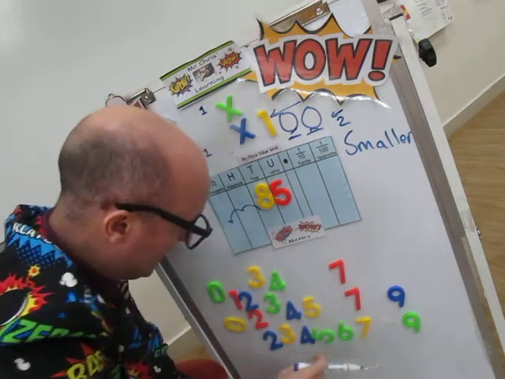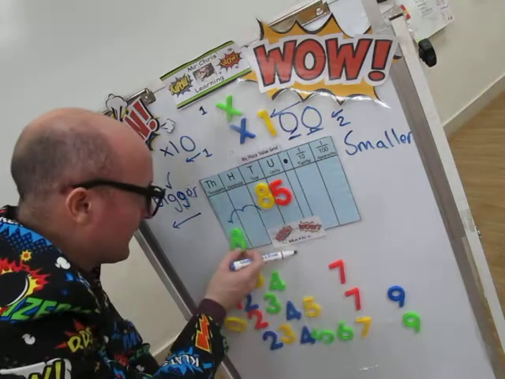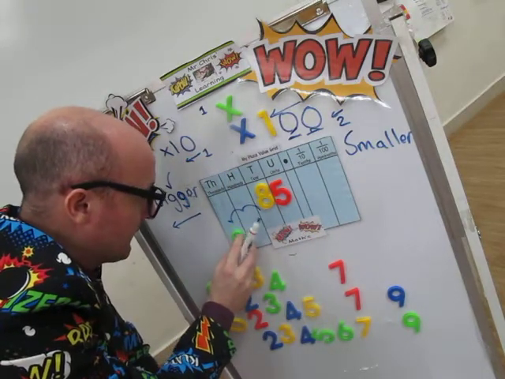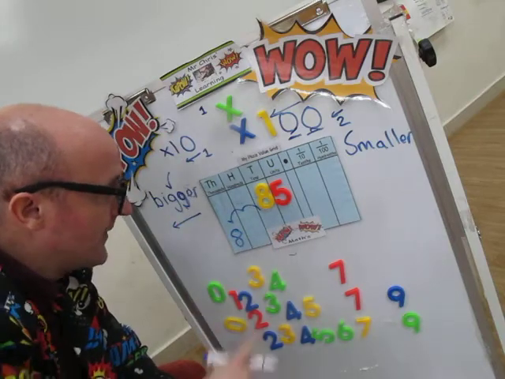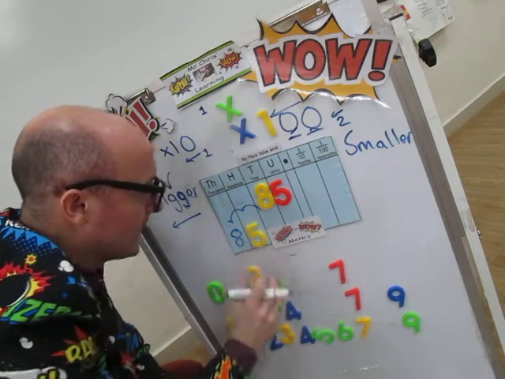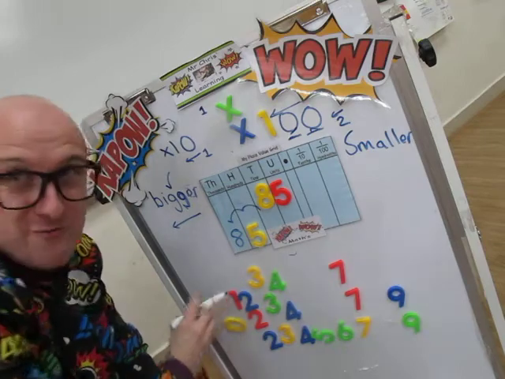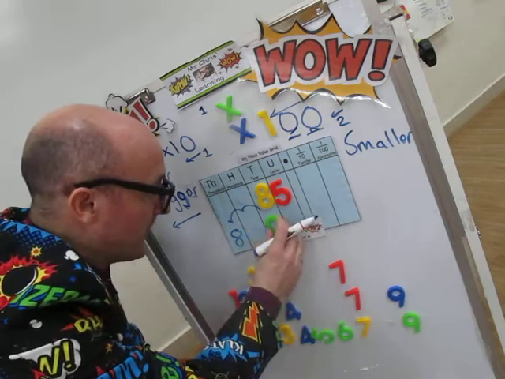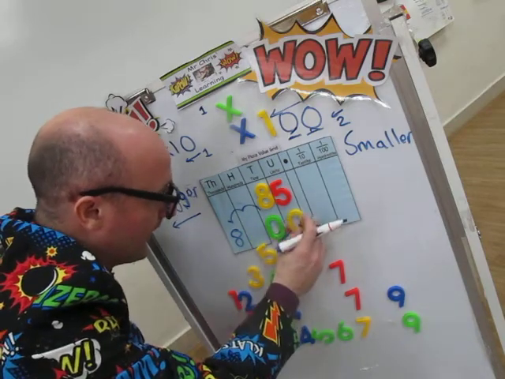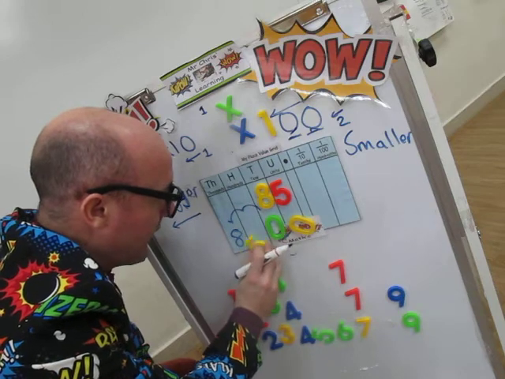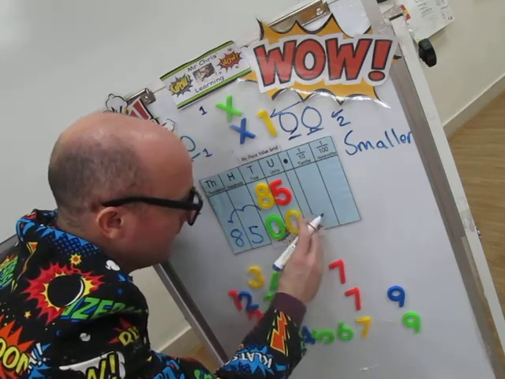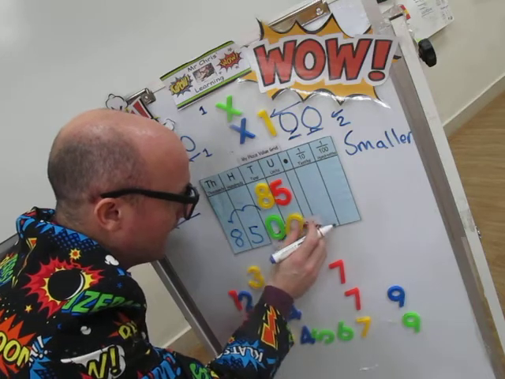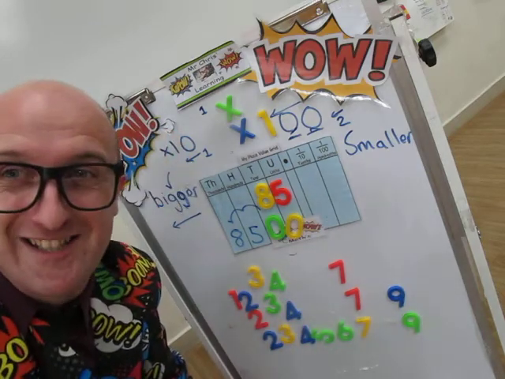So we put the 8 there, then we put a 5. And what do we put here? We don't put sausages in there. Excellent, we put our zeros. So it's 8, 5, 0, 0. And that is how you times by 10 and hundreds.